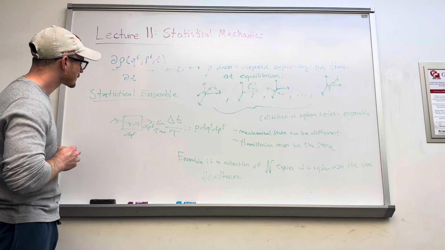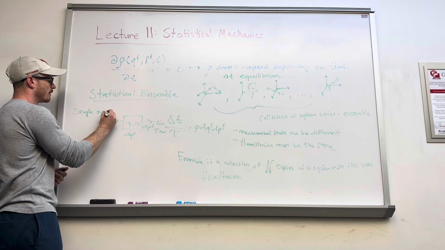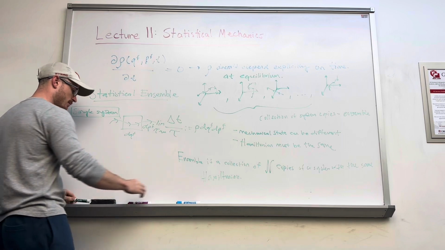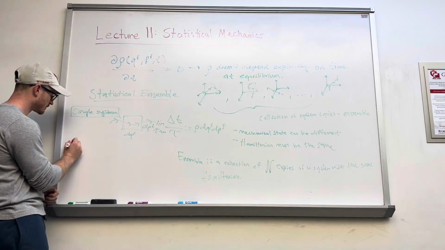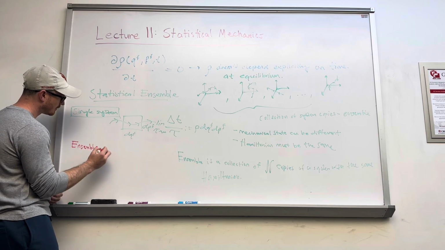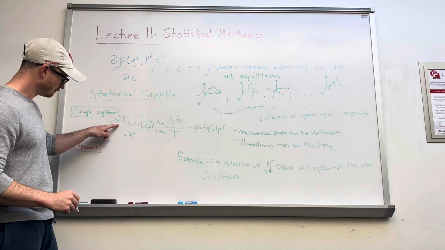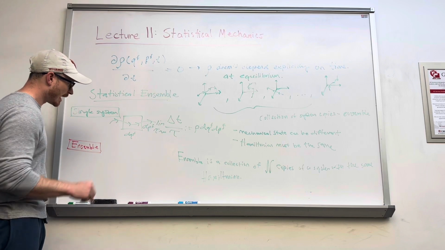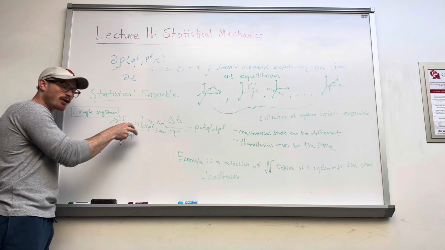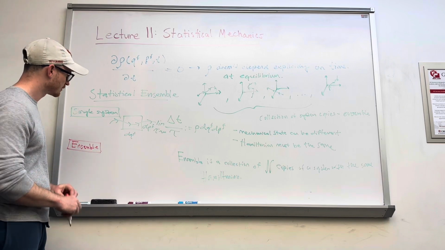So now you could ask, right? So this was sort of our single system case for the probability, right? But what about in the ensemble case now? Let's look at the ensemble case. In the ensemble, you could ask not just what's the probability of observing one system in the volume element, but how many systems are in the volume element? How do we predict that on average?